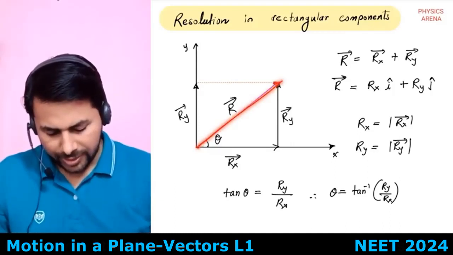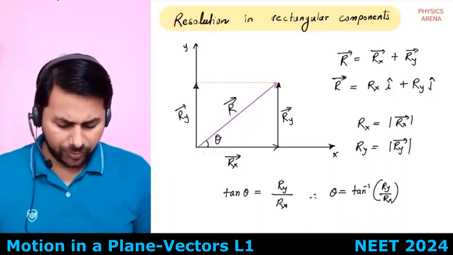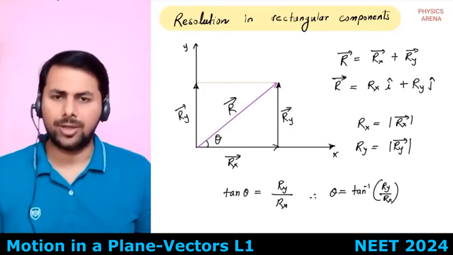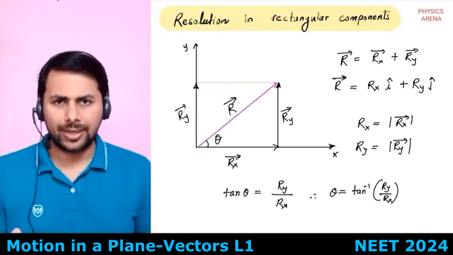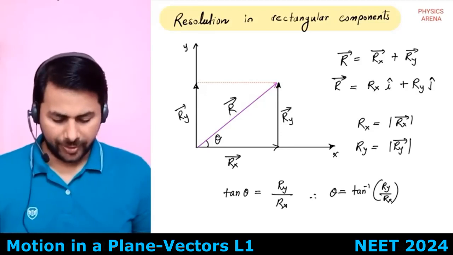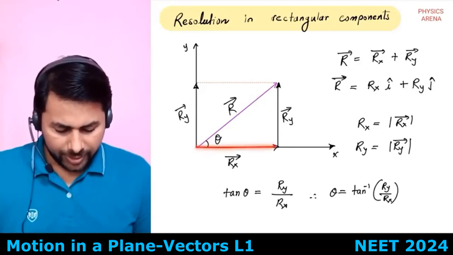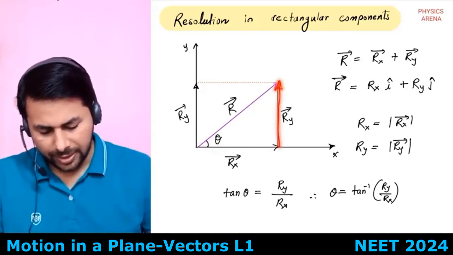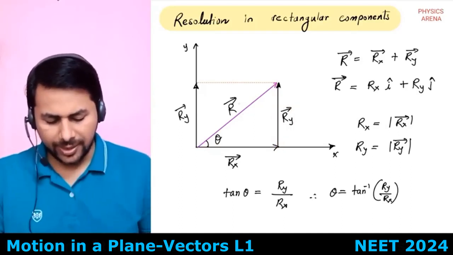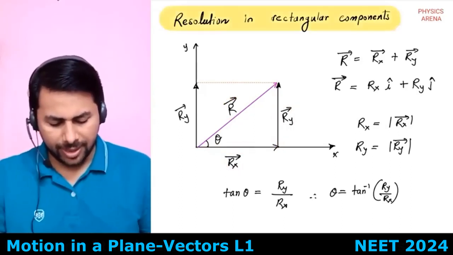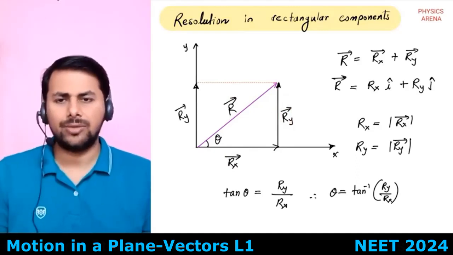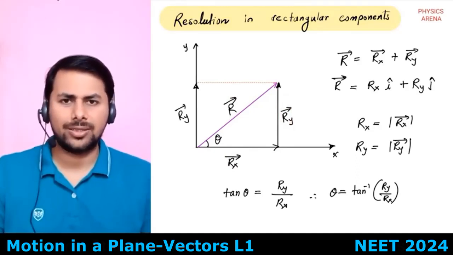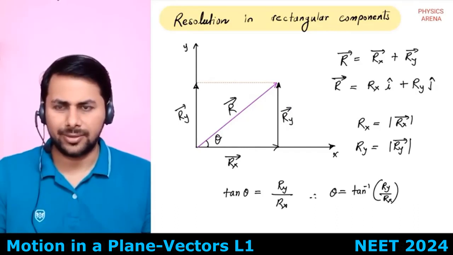So this is r bar. Now what we do is we resolve it along two components, rectangular meaning perpendicular. This is one vector, I will call it rx bar. This is another vector, I will call it ry bar. So I can say r bar is equal to rx bar plus ry bar using the triangle law of vectors addition, right?